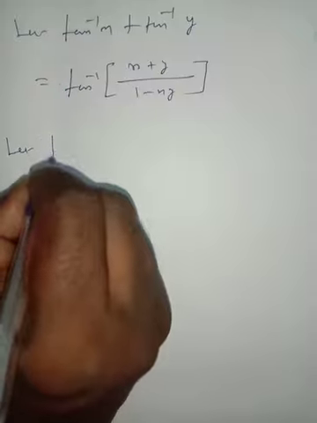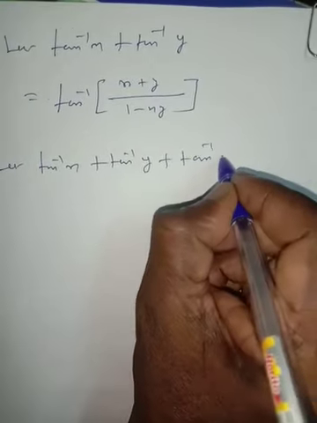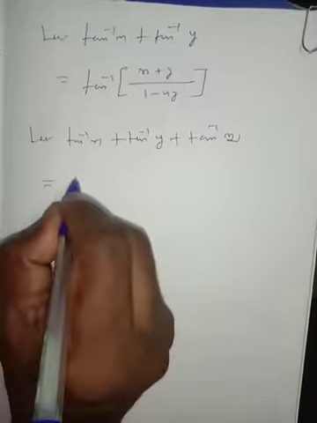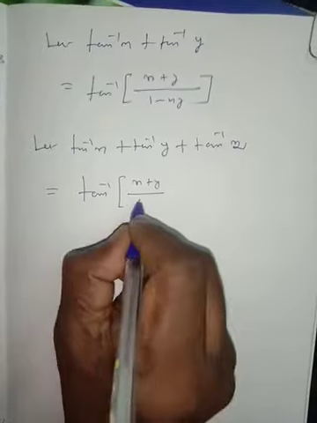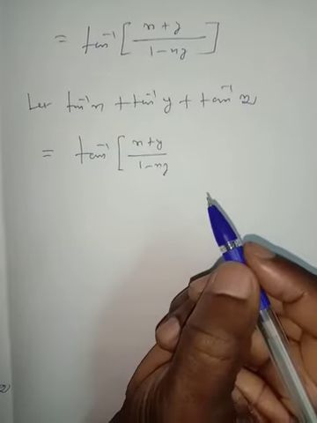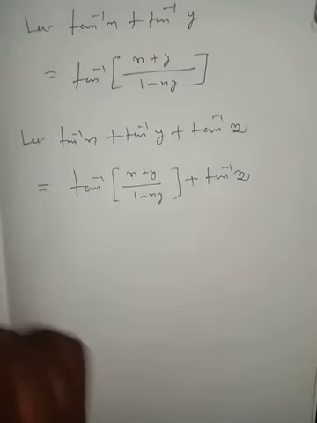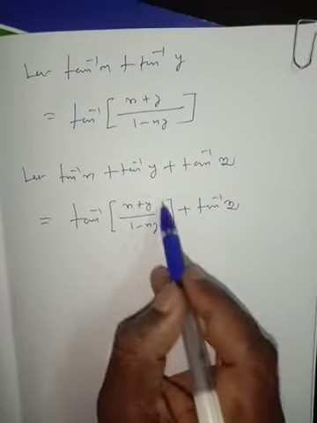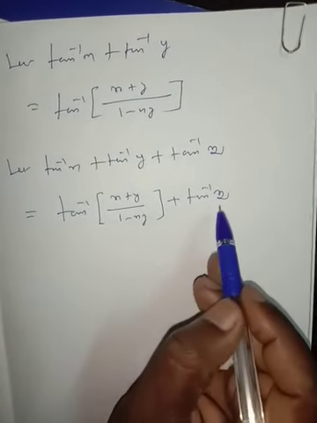Now take third term. Let tan inverse of x plus tan inverse of y plus tan inverse of z is equal to tan inverse of x plus y divided by 1 minus xy plus tan inverse of z. Now take tan inverse of this bracket as a, this z as b, tan inverse of a plus tan inverse of b.